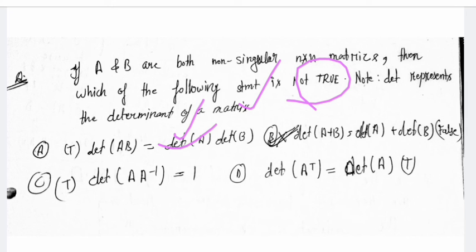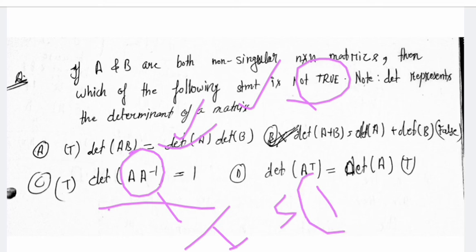Now option C: determinant of A dot A inverse is equal to 1. Yes, A times A inverse is I, and the determinant of I is always 1.